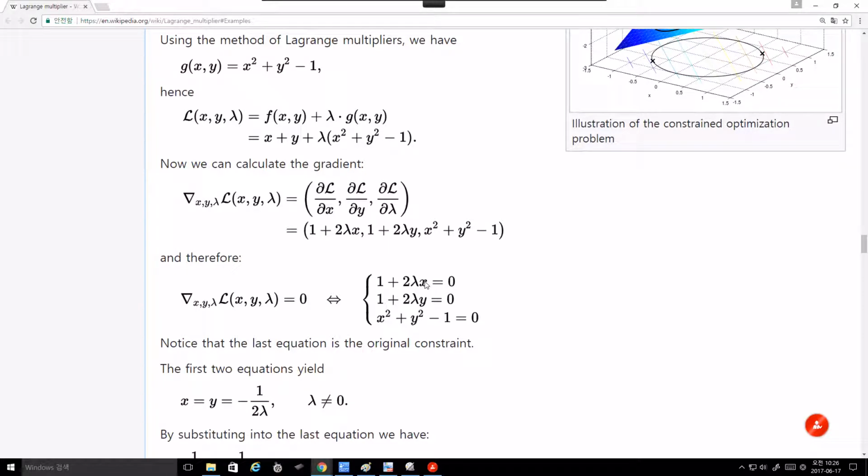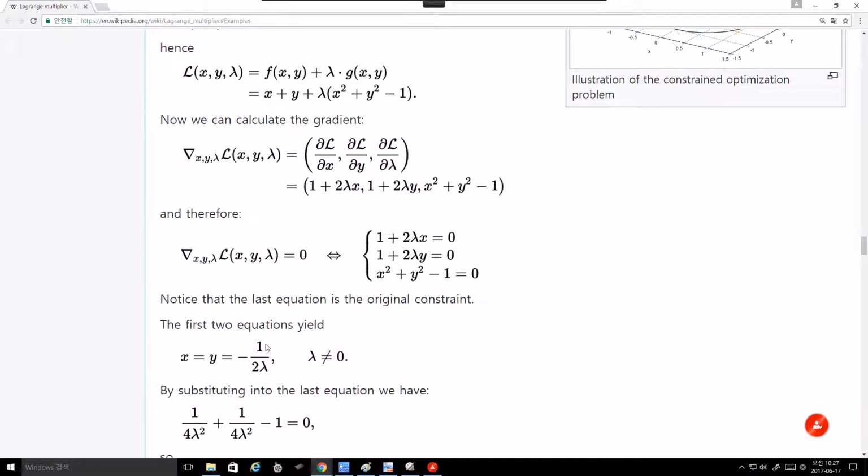If we take a look at the first two equations, you can basically see x and y are the same, because if we solve the first two, then x and y equal minus 1 over 2 lambda. Lambda clearly shouldn't be 0.